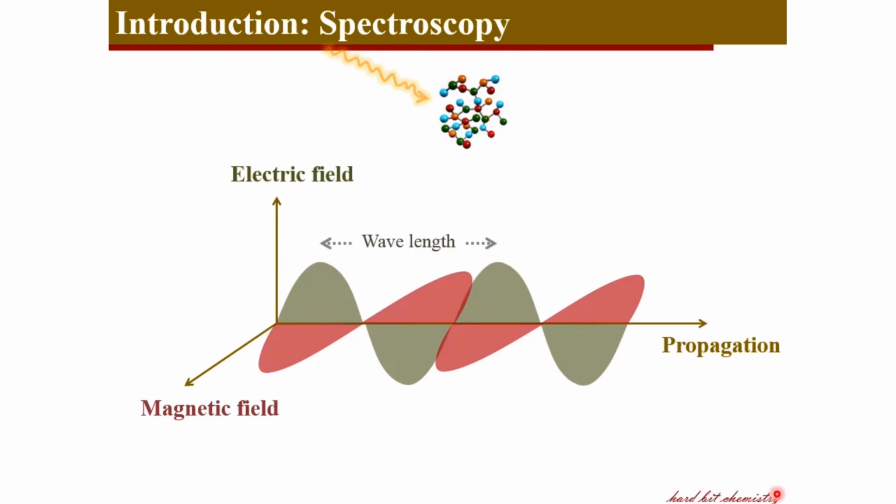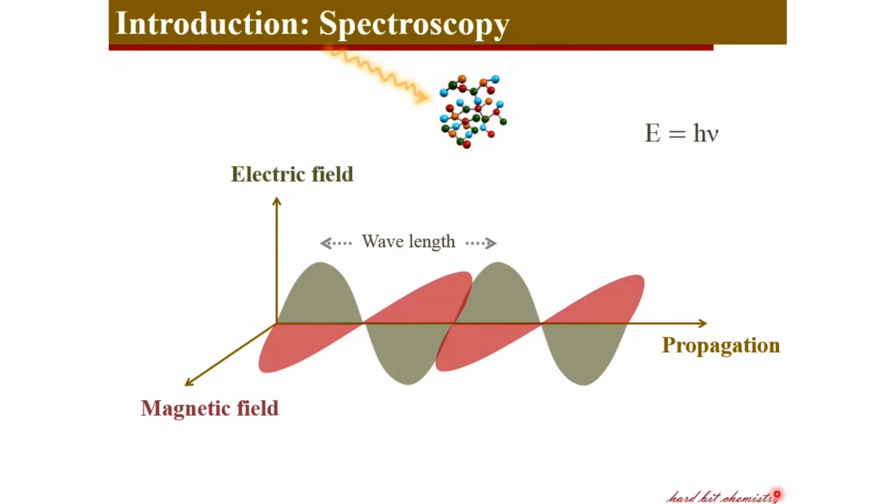And the distance between adjacent or consecutive troughs is called wavelength, and the number of waves passed per second through a particular distance is called frequency. Therefore, energy of an electromagnetic radiation is given in terms of frequency.